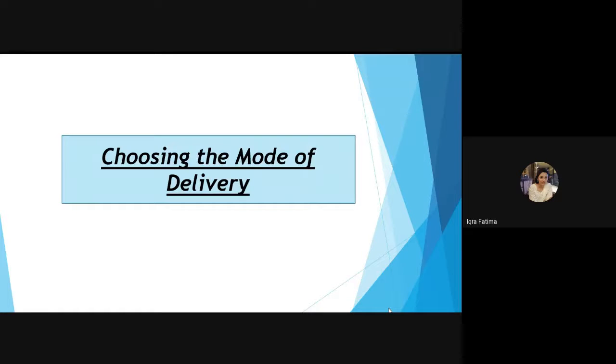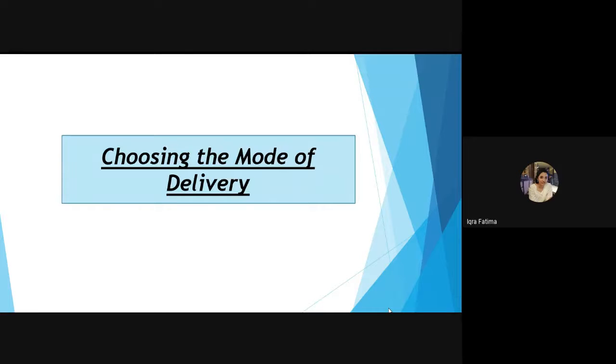Now that we have the data collected and organized, here comes the position where we have to deliver that presentation. So what can we do to deliver it? There are different modes of delivery. First, you have to know the different modes of delivery, that is, how we can deliver our presentation.